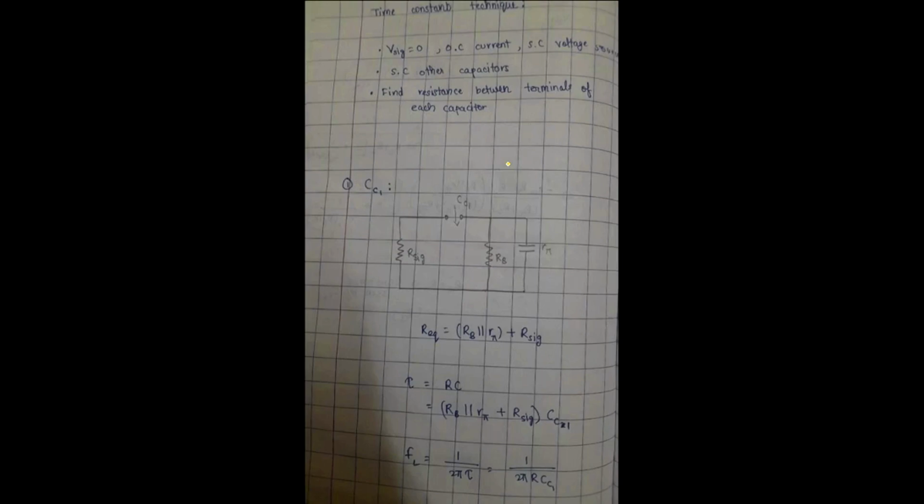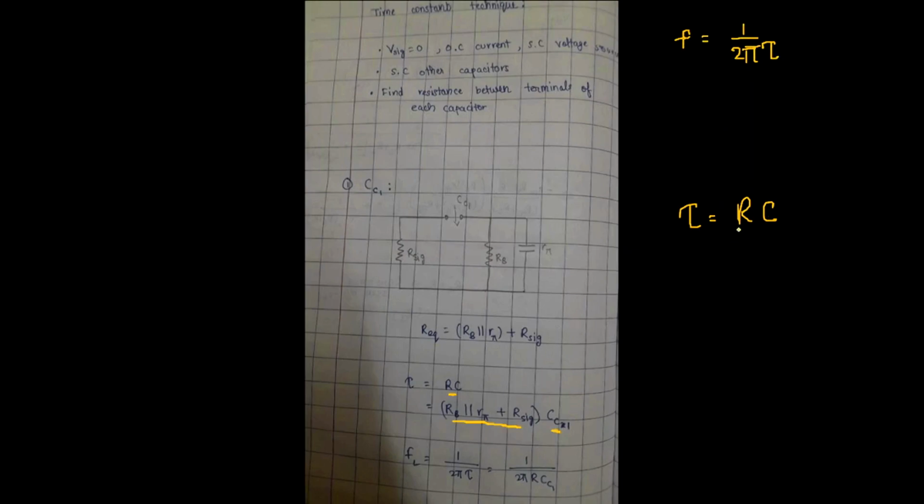the R equivalent. We all know that tau, the time constant, is equal to R into C. So I find tau by multiplying the equivalent resistance with the capacitance which was present, which is CC1. We also know that F is equal to 1 by 2 pi into tau.